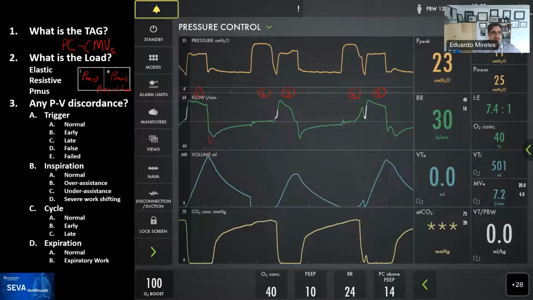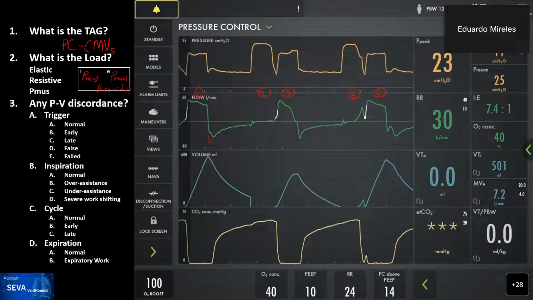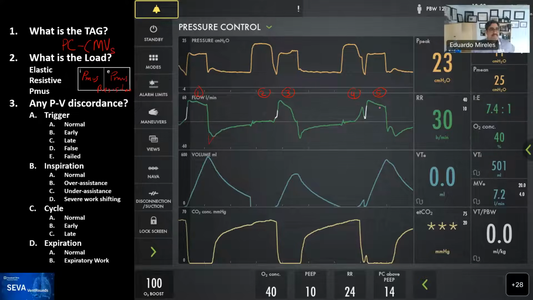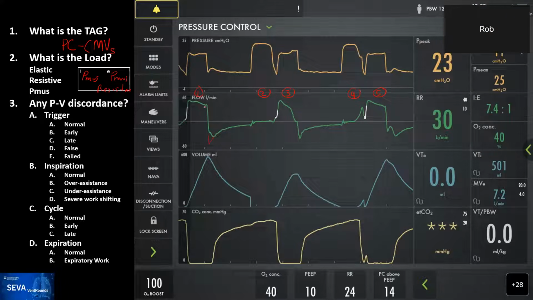Going back to number one, you said that the slow rate of decay of flow is questionable. It could either be a large inspiratory effort or a high resistance. I would favor a high inspiratory effort over resistance, because you notice the peak flow is quite high for a relatively low peak pressure.